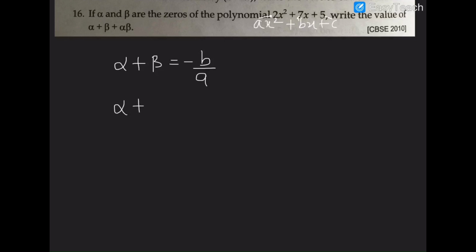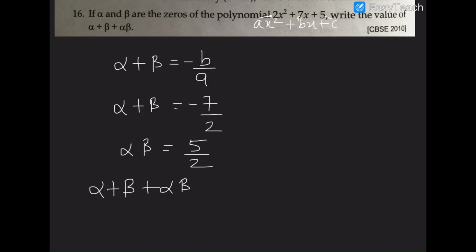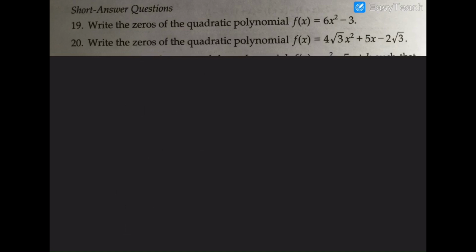So alpha plus beta is minus 7 by 2 and alpha into beta is 5 by 2. So what they are asking, alpha plus beta plus alpha beta. Just put the values, minus 7 by 2 plus 5 by 2, which is minus 2 by 2, which is equal to minus 1.